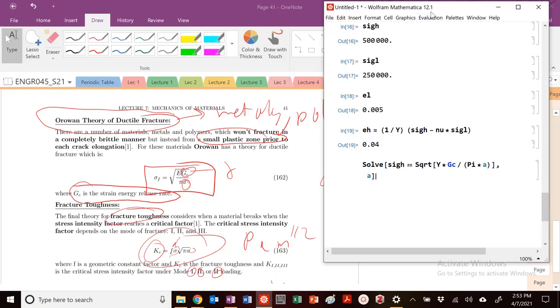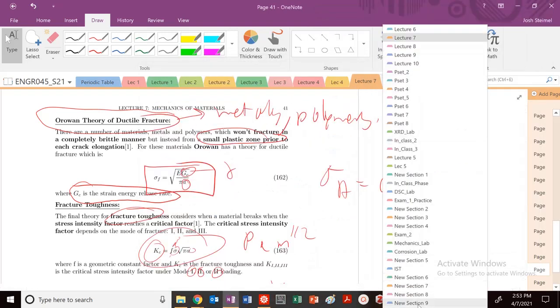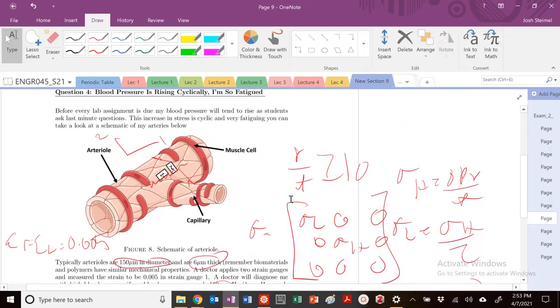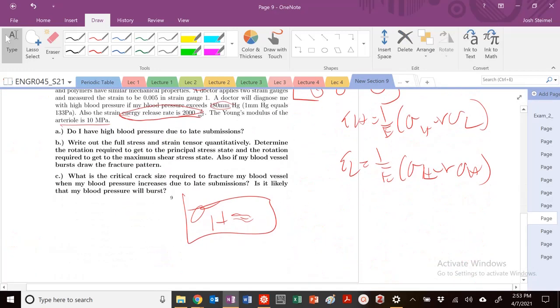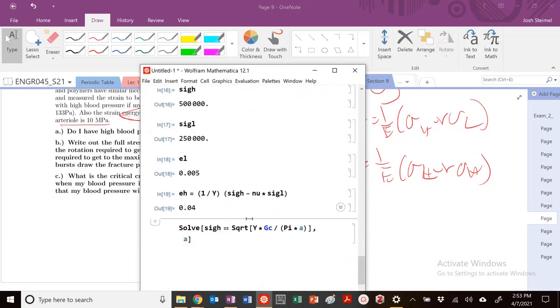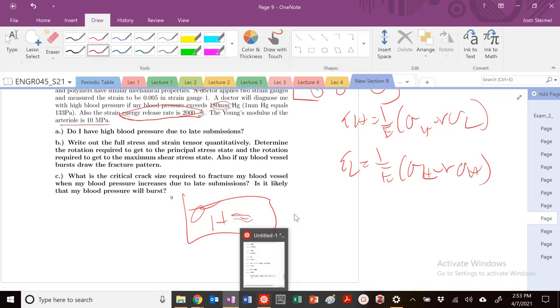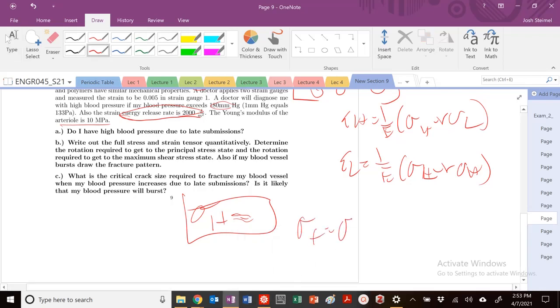So let's go back to our problem. So let's go here. And again, we could kind of double check, make sure that the units make sense, right? So my G sub c is 2,000. So G sub c is equal to 2,000 joules per meter squared. So let's look at that equation right there. So my stress, sigma F equals sigma H equals square root of, so I have pascals, which is a Newton per meter squared.